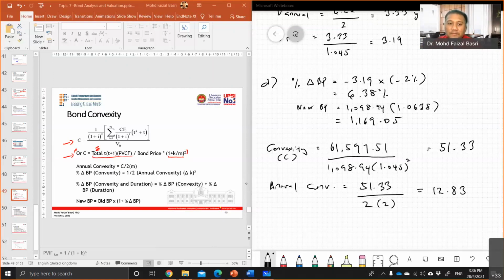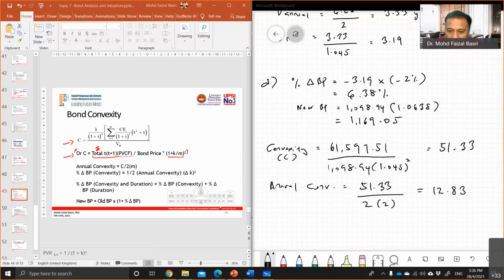Multiply with the change of K squared. This is the reason for the square, because we don't want a negative. So I repeat, the percent change of bond price based on convexity will be half, multiplied by the annual convexity that we just found, and multiplied by the change of K. Similar to what we did in duration, but this time we have to square the change of K.